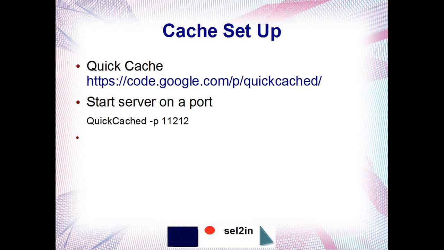And this is the short command you would give on the command prompt to get it running on port number 11212. Generally the defaults are 11211 and 11212. Right, so once you do this, you would have it running.